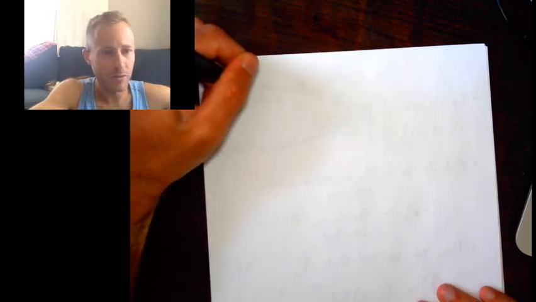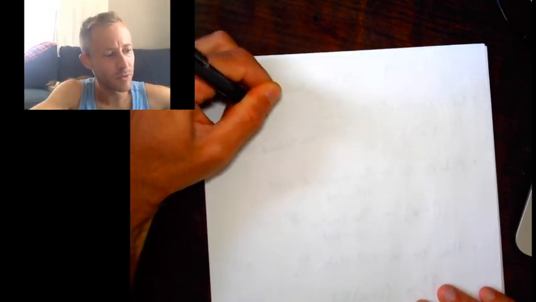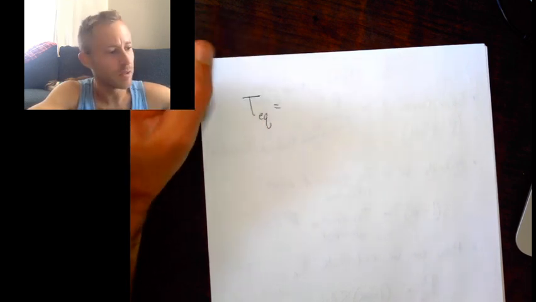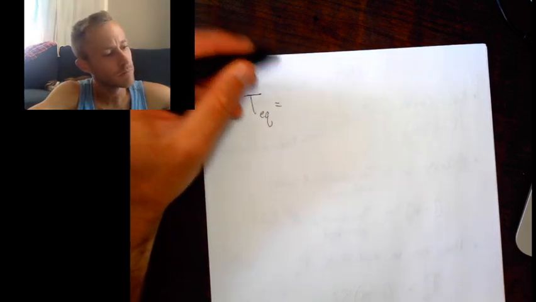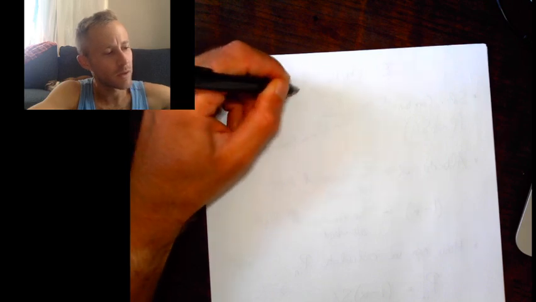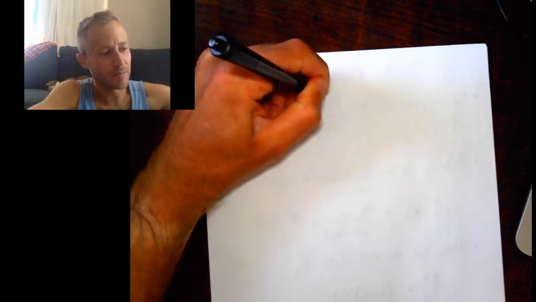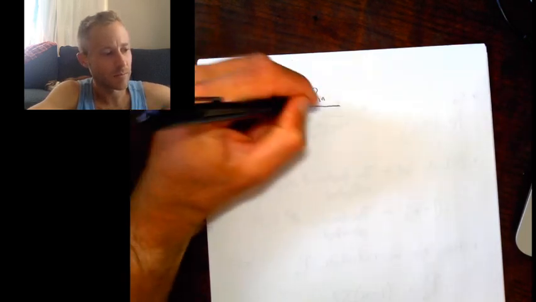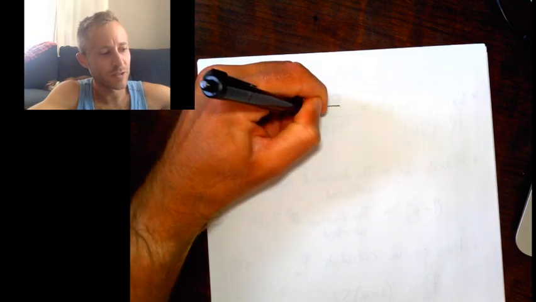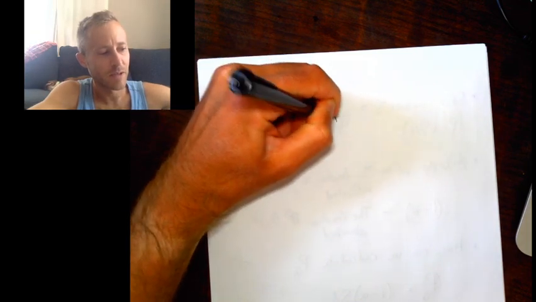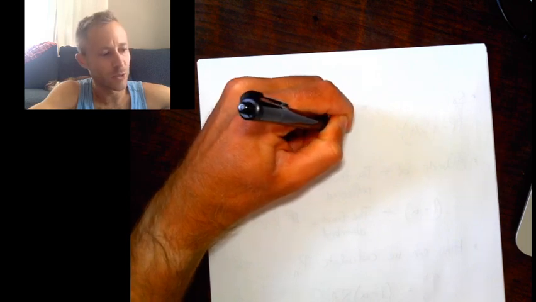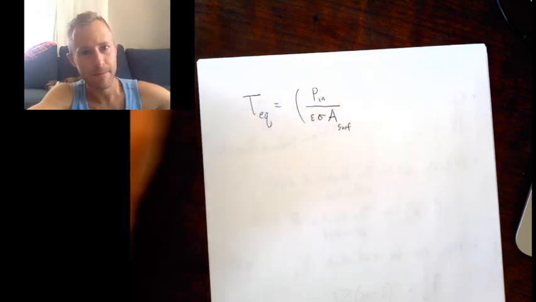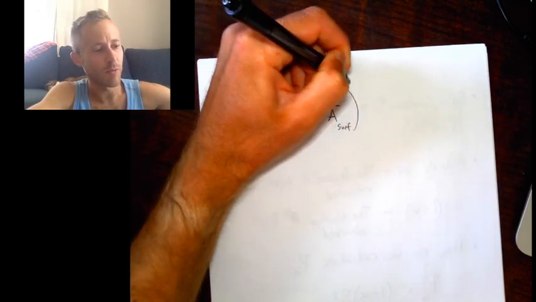You might recall that yesterday we learned that the equilibrium temperature is the power that goes in divided by epsilon sigma A, where A is the surface area, to the 1/4 power.